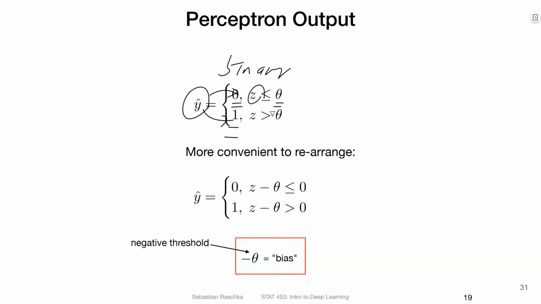However, sometimes it's very inconvenient to explicitly note these theta values. So to make this annotation more convenient, we're going to move theta to the left side like this. And we're going to include this theta value as z prime, and we're going to call this value a bias.